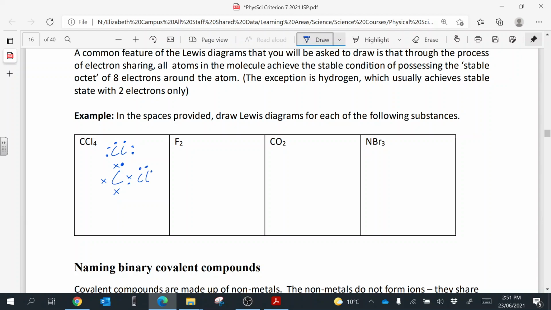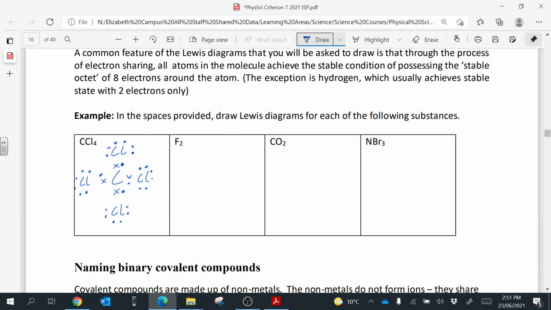One of their electrons pairs with the carbon electrons. So we've got 1 chlorine for every one of the unpaired. So all of these form a stable octet of 8.